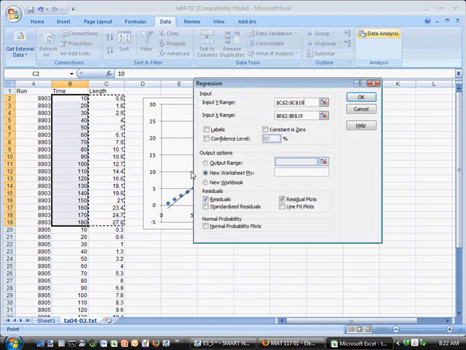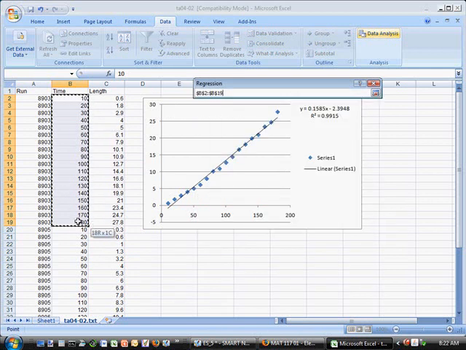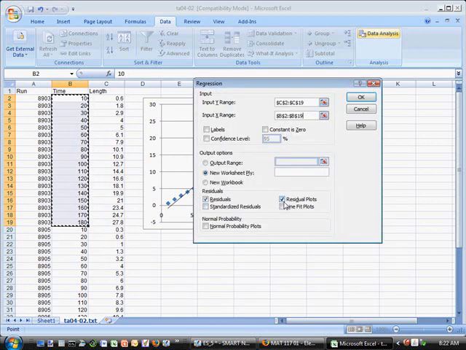First, do your Y. Make sure you click in this box. And then do your X. You don't need to check the residual plots, just make sure you pick residuals. My recommendation is use a new page. This report is so huge that you can't really fit it anywhere small. So just leave it on new worksheet, click OK.